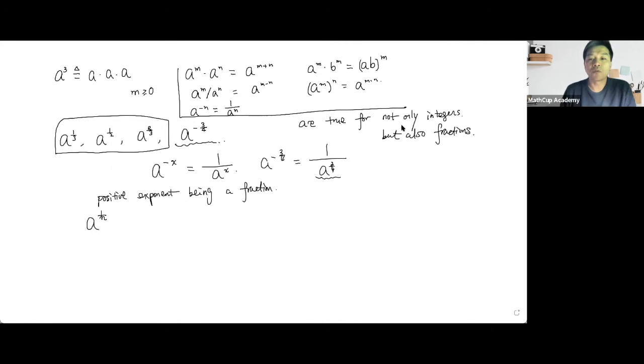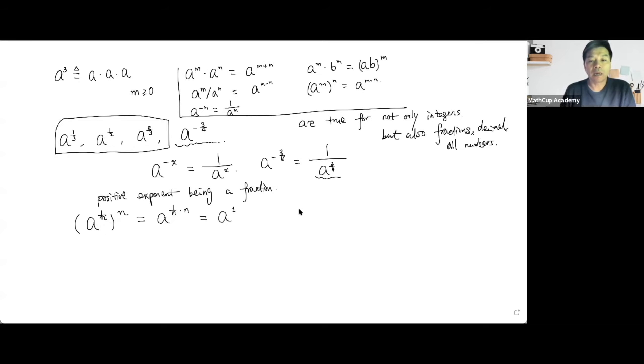If this property is true for all numbers, including fractions and decimals, then a to the power 1/n raised to the power n is going to equal a to the power 1/n times n, because the exponents just multiply together. This equals a to the power 1.